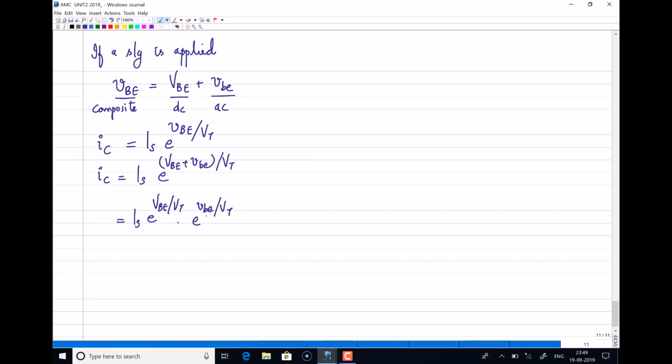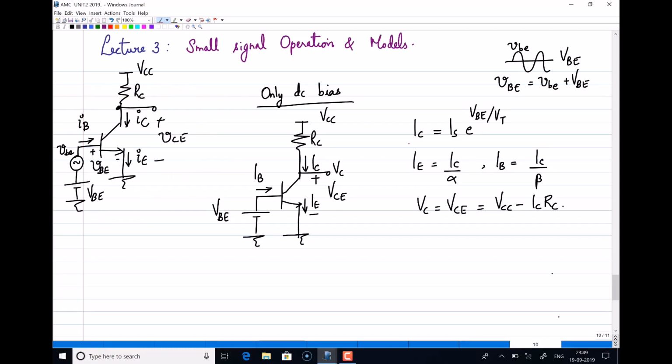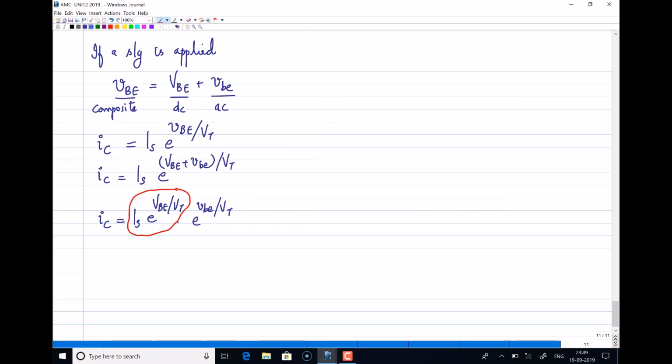So this is iC. Now Is into e to the power of VBE by VT is the same as the DC collector current. So I can write iC equal to the DC collector current IC into e to the power of vbe by VT.